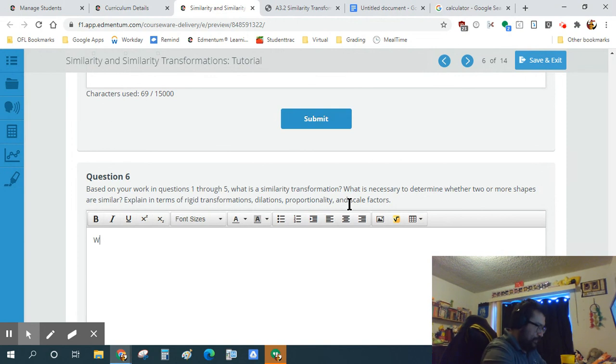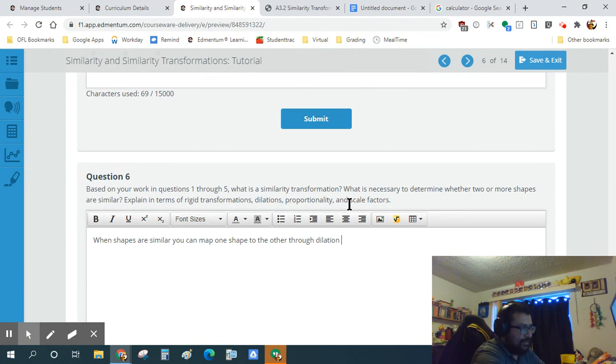So when shapes are similar, you can map one shape to the other through dilation, because that's what we've been doing.